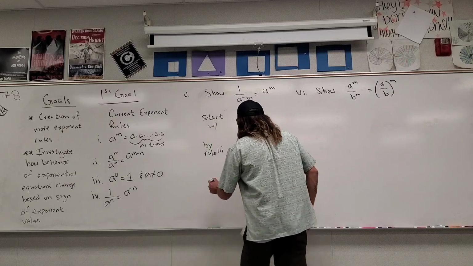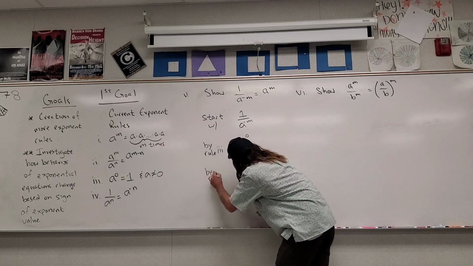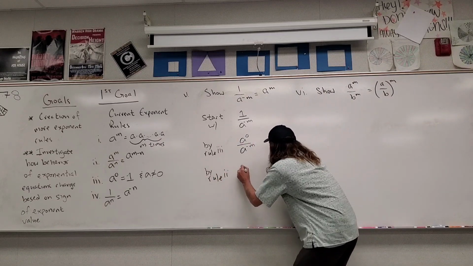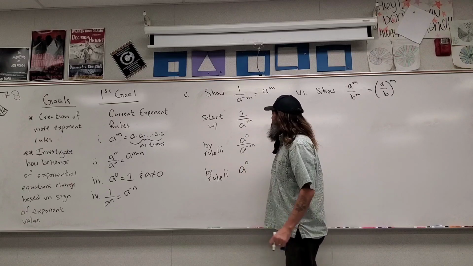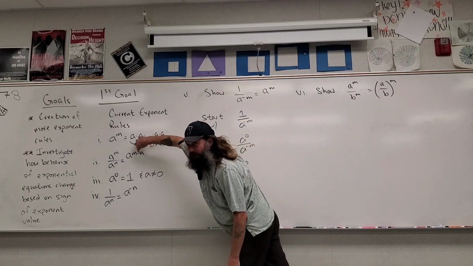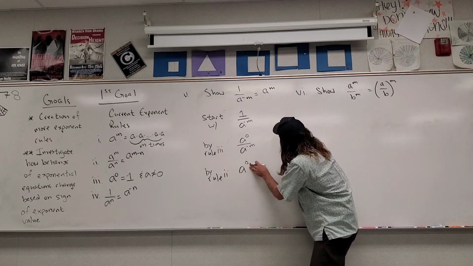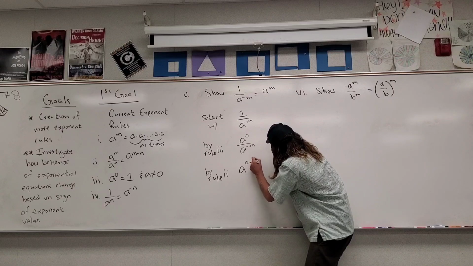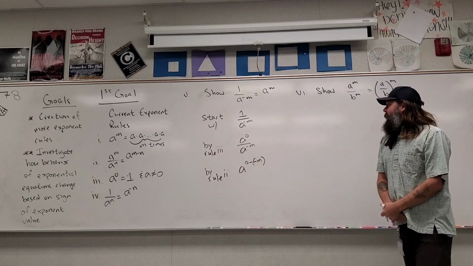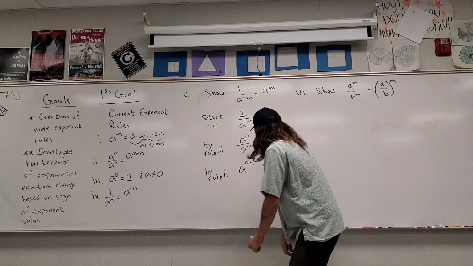So by rule 2, this now becomes a to the power 0 divided by a to the minus m. Now I have a minus m, but that doesn't matter. I still have to put a negative up there, right? So this becomes a to the power 0 minus a minus m. Okay? And because I have 2 negatives, I can simplify that.